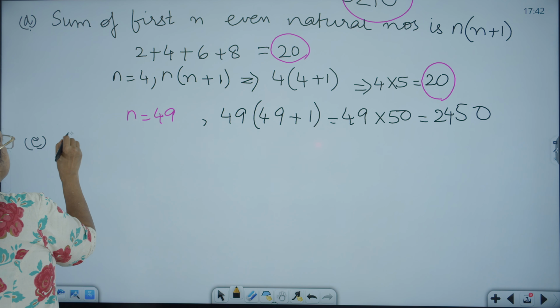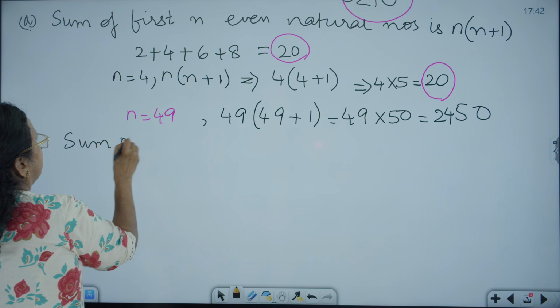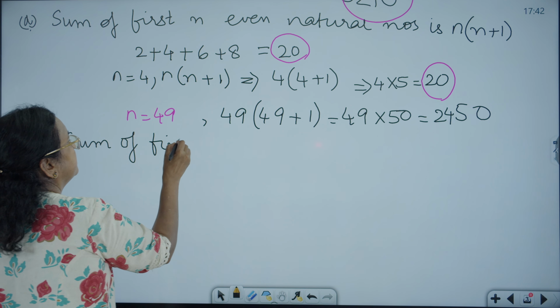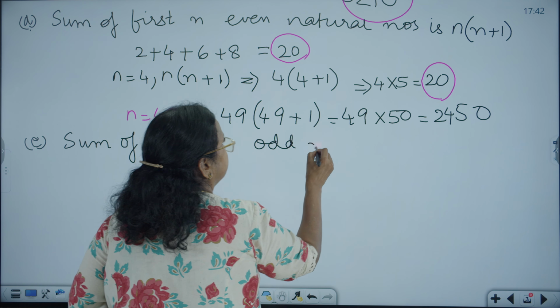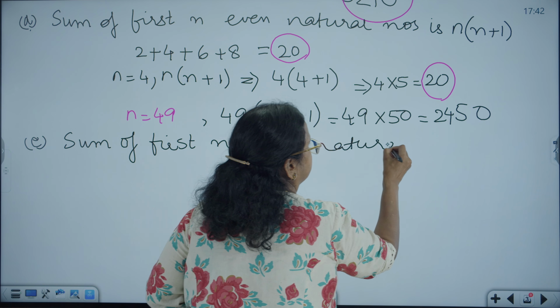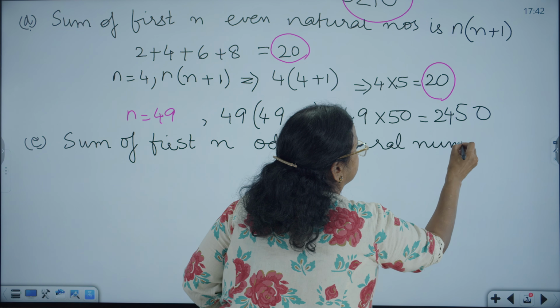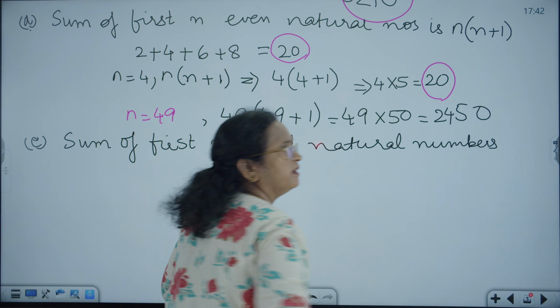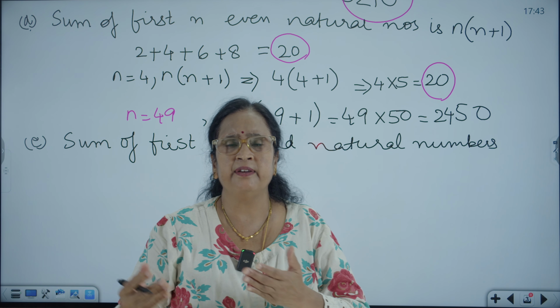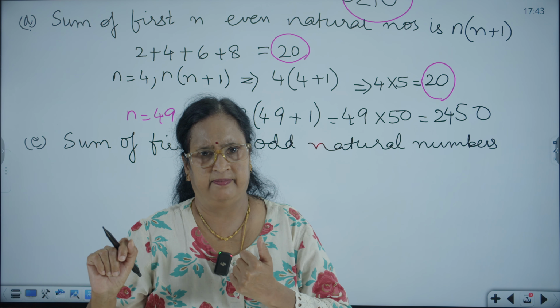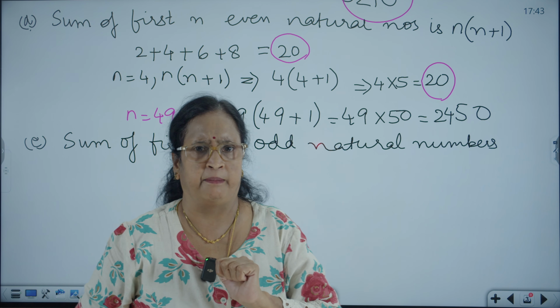Now, sum of first n odd natural numbers. Odd numbers we have learnt in lower classes, 1, 3, 5, 7 and so on, isn't it? Suppose I take 4 numbers.